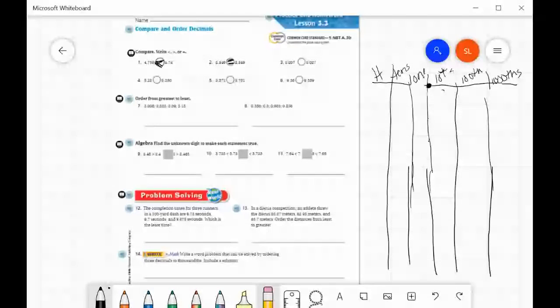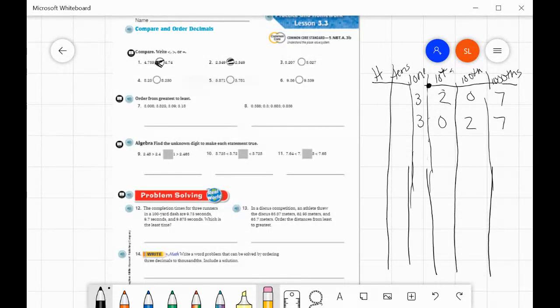We have 3.207 and 3.027. All right, the 3's are the same. So we go to the tenths column and we take a look, and the 2 is larger than the 0.